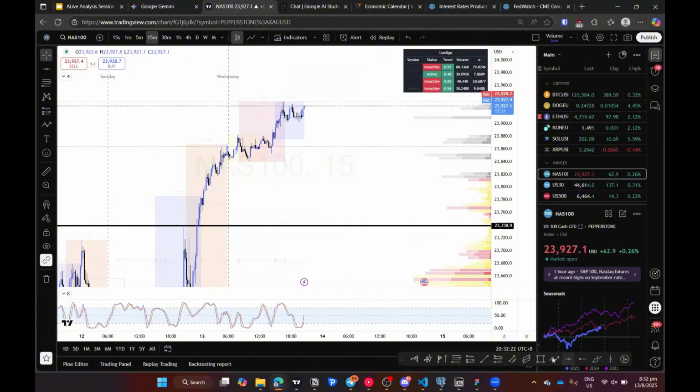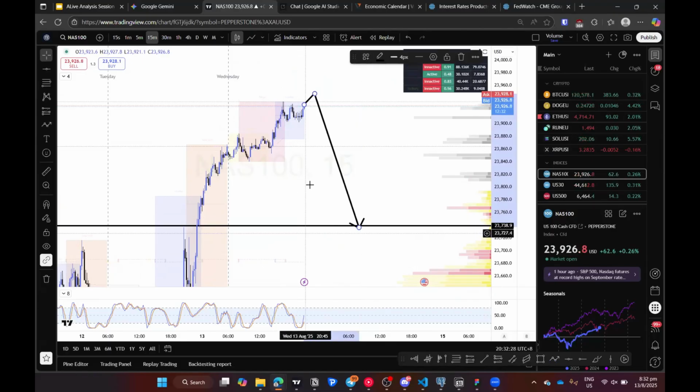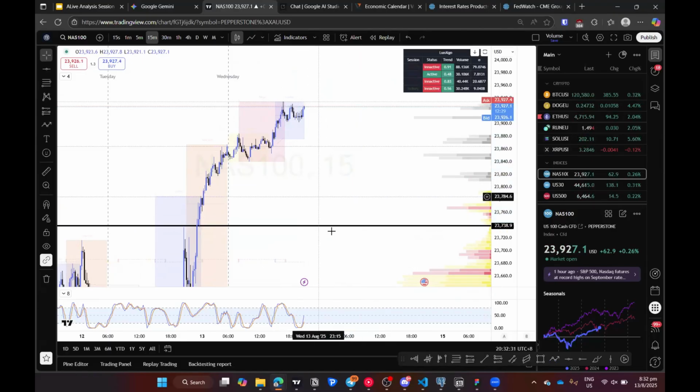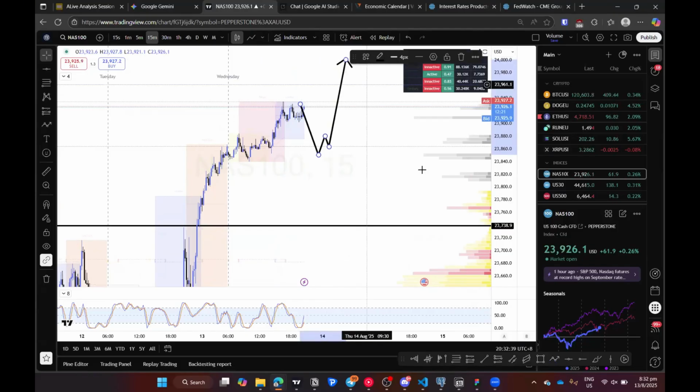So if we do a sweep, then we can potentially look for buys in this area. Otherwise, if it doesn't sweep, it sweeps this low, comes down, sweeps, then we're probably trying to aim for a higher target.